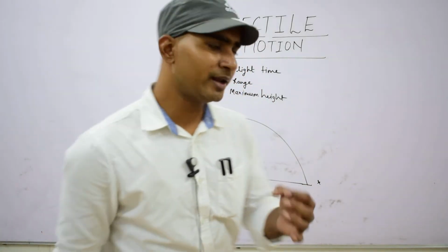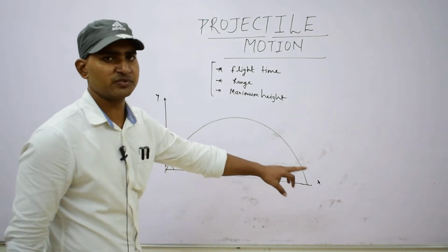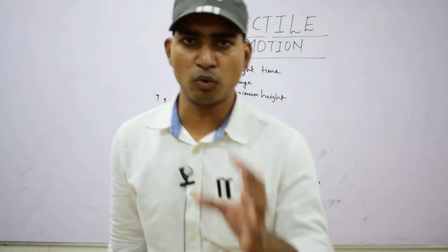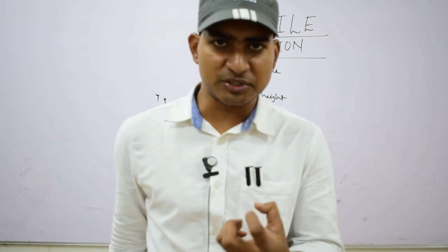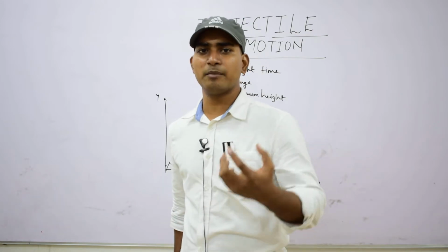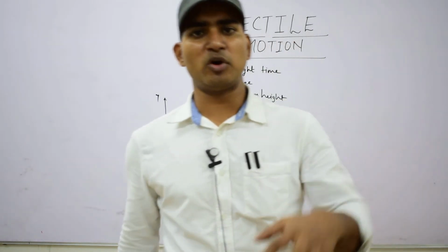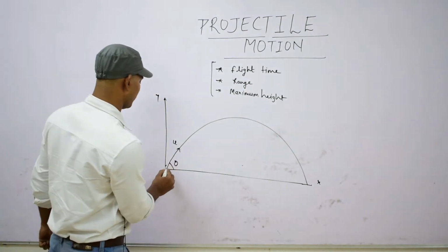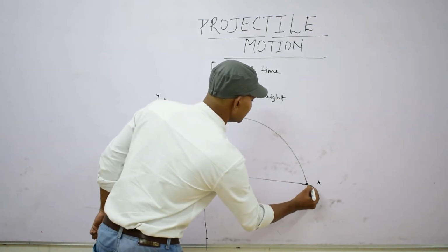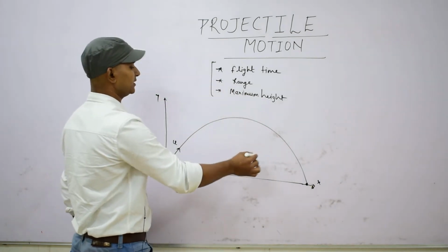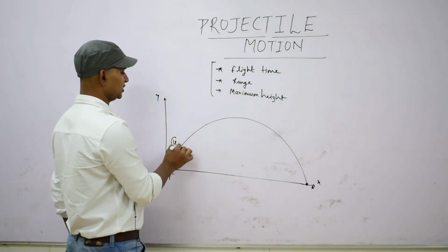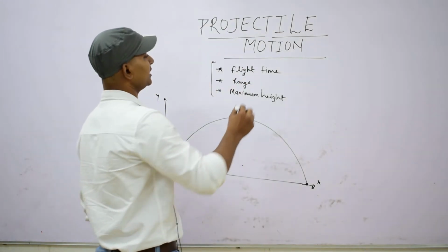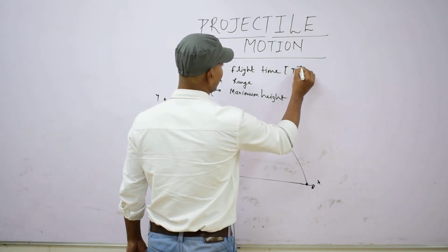The time till which it will remain in the atmosphere is called flight time. The total time taken by the body to remain in the atmosphere is called flight time. Means from this particular point A to come again to this particular point B, whatever the time taken by this body whose velocity is u, that particular time is called flight time. It is generally represented by capital T.